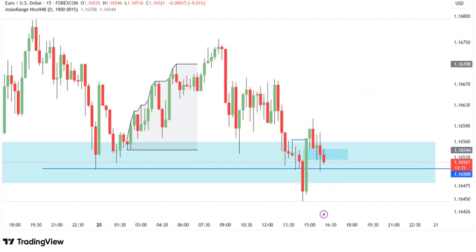As you can see, I marked this level on the previous short-term high. Once this liquidity was taken, the market immediately reacted with a new higher high.